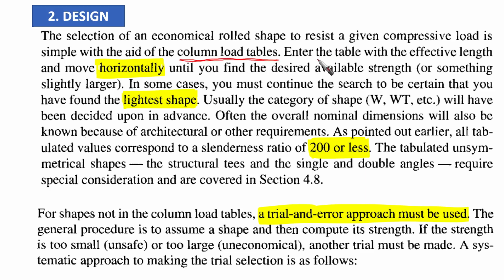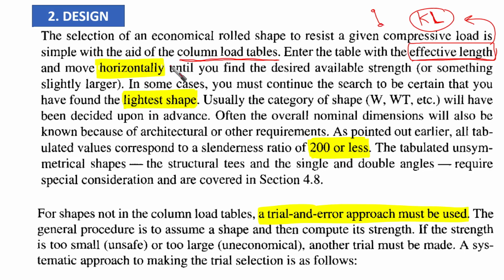So we are going to enter the table with the effective length. The first thing we need to keep in mind is that we need to get KL, which is the effective length. So we need to know the end condition of our column and the length of the column, and then we can obtain the effective length.